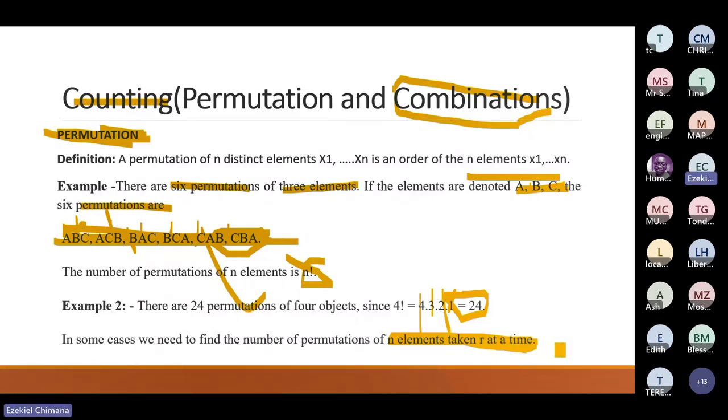They will be asking you to find the number of permutations of n elements taken r at a time. Maybe you are given 5 elements, but we are saying from 5 elements, just place them as 2 elements. How many possible permutations can you form there?